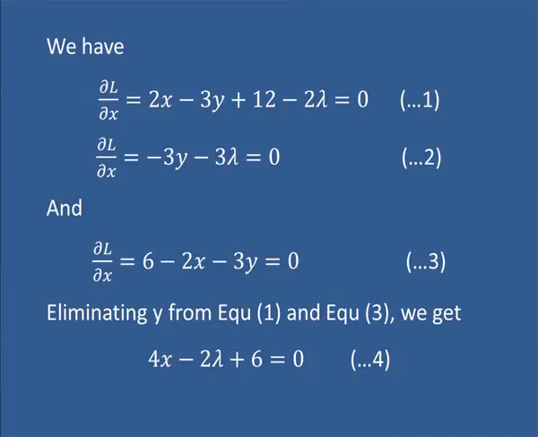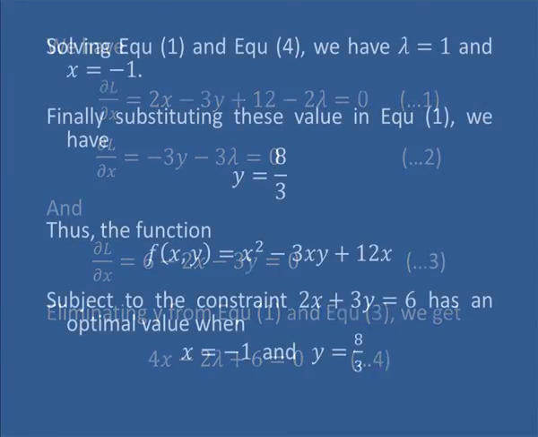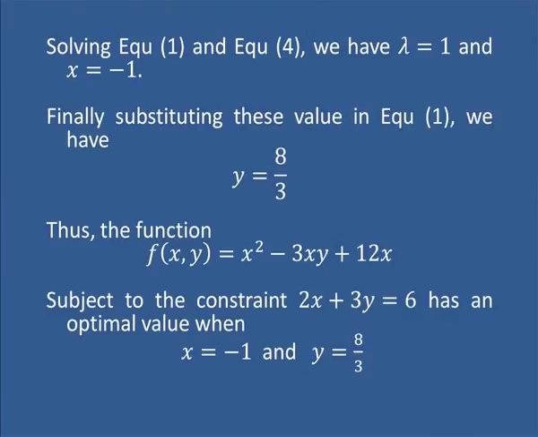Eliminating y from equation 1 and equation 3, we get 4x minus 2 lambda plus 6 is equal to 0, that is equation 4. Similarly, solving equations 1 and 4 now, we have lambda is equal to 1 and x is equal to minus 1.